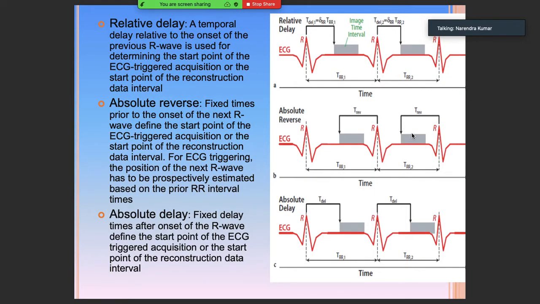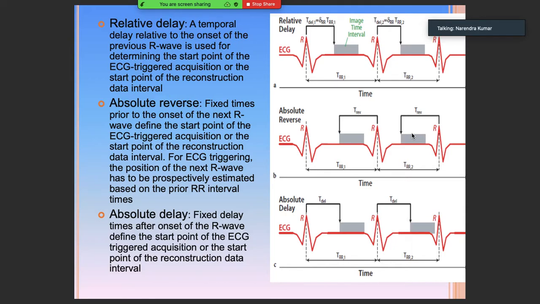So as I was talking about the relative delay, in that, a temporal delay is relative to the onset of the previous R wave. Okay. Similarly, the absolute reverse is the one in which the fixed times are prior to the onset of the next R wave.